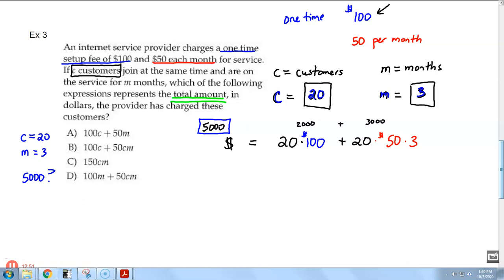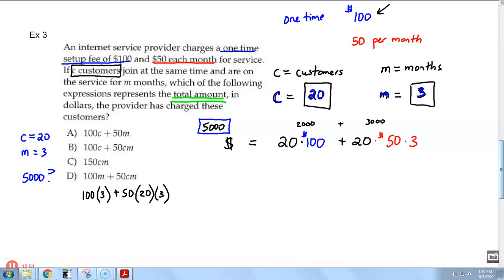And I'll try one just to show you. Like, I'm going to try one that I know doesn't work. I'm going to try the bottom one, D, just because I have some room down here. So I'm going to do 100 times the 3 months plus 50 times 20 customers times 3 months.